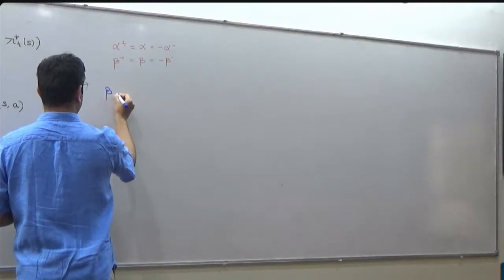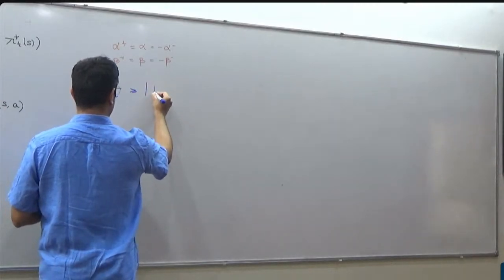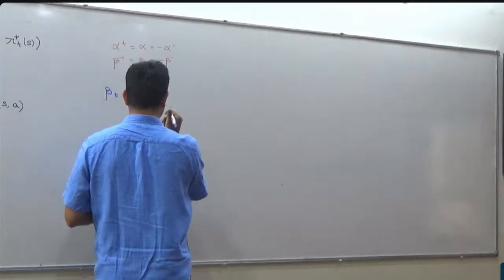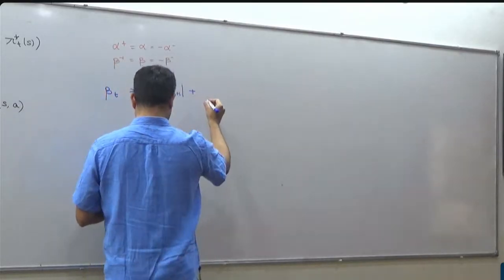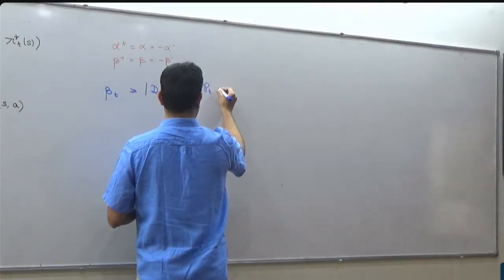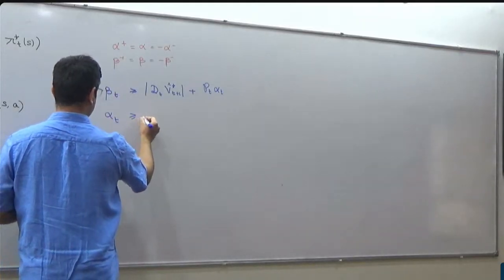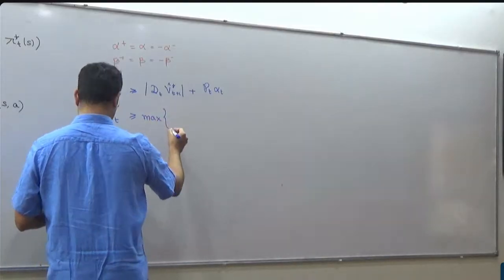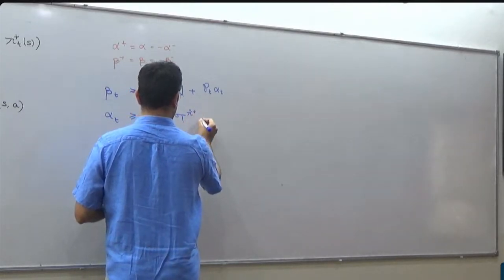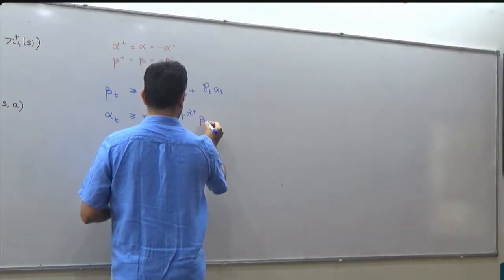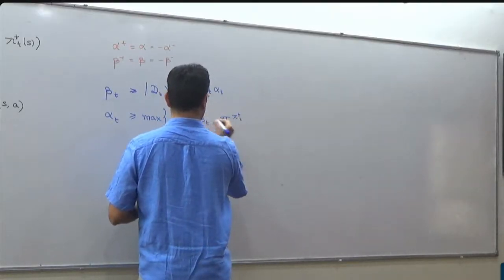Let us say beta t is greater than or equal to the absolute value of the mismatch operator applied on v hat star t plus 1, plus P t applied on alpha t, and I will ensure that alpha t is greater than or equal to the max of T pi hat star applied on beta t and T pi star t applied on beta t.